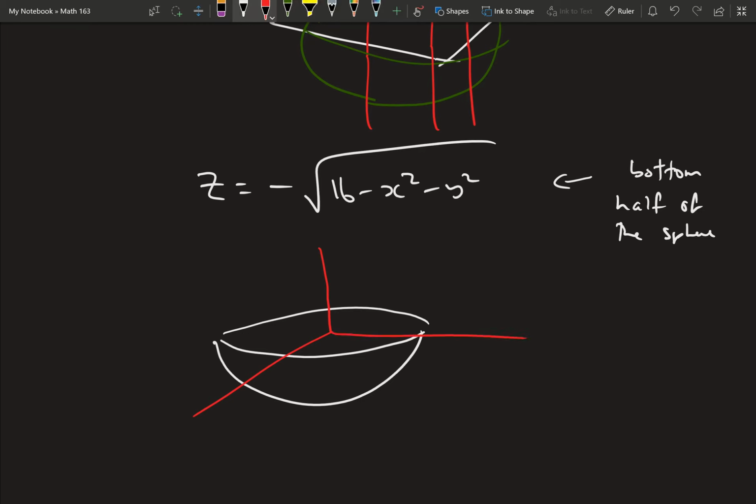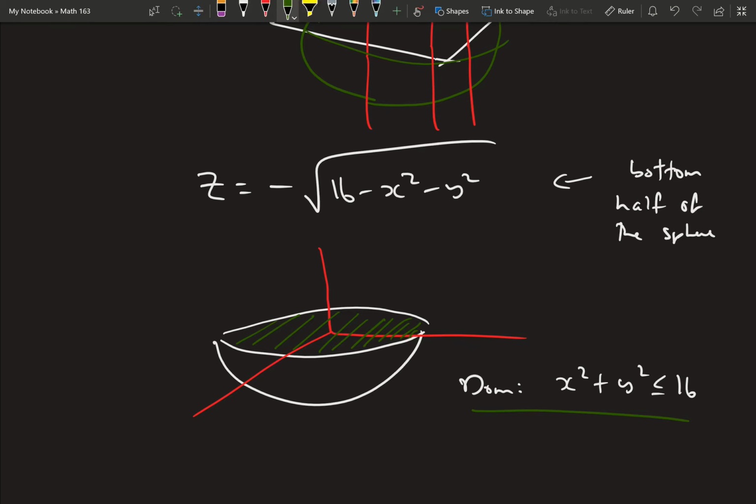So what is the domain here? The domain is x squared plus y squared less than or equal to 16. The domain is this green shaded piece right here in the xy plane.